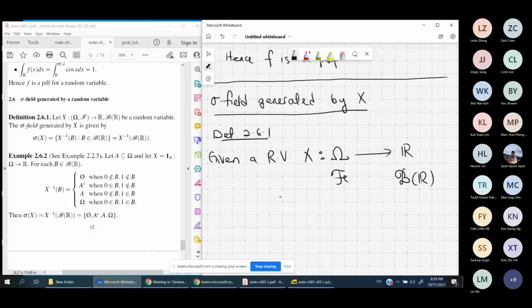Then what we can do is define a sigma field generated by X. So this is all the inverse images of Borel sets, of course, under X.